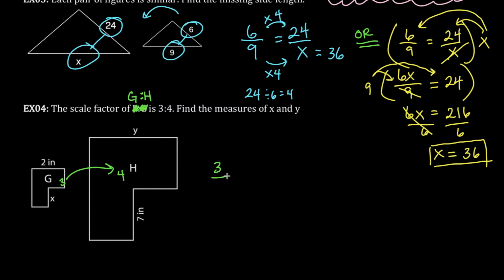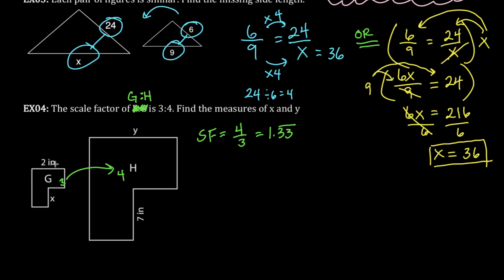That means 3. Oh, what we'll do is if it's 3 to 4, we just have to figure out what we multiplied by. So we do 4 divided by 3. We'll say my scale factor is 4 over 3, which is 1.33 repeating. So that means I'm going to multiply by 1.33.